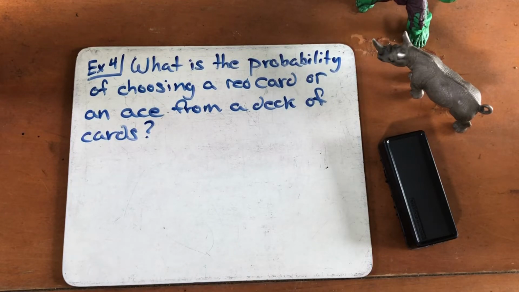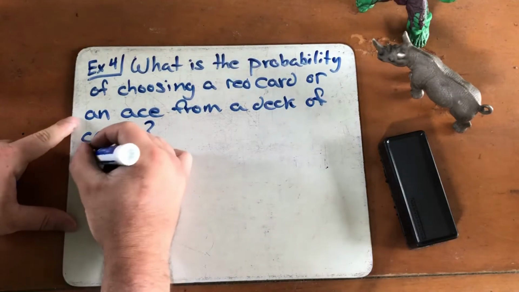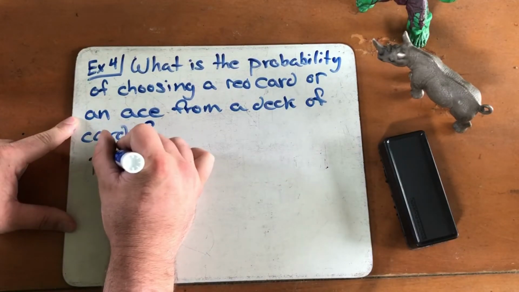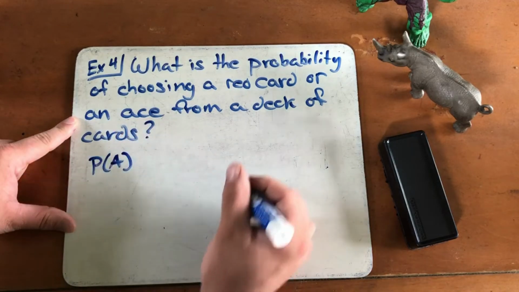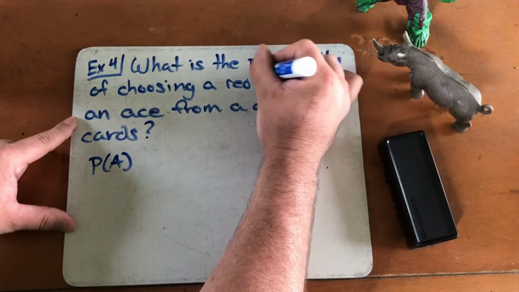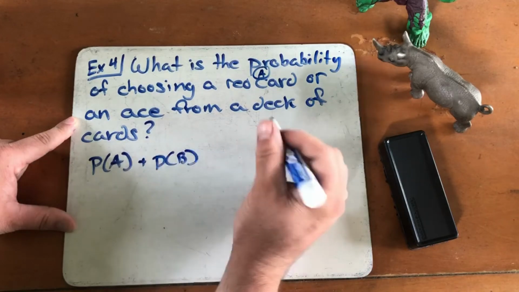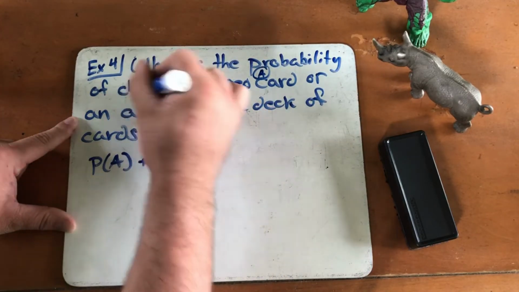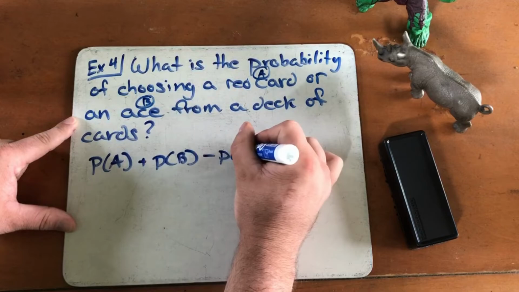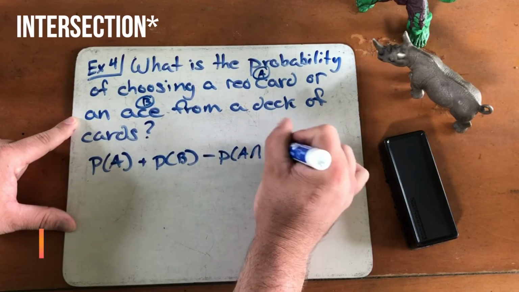But there are 26 red cards in the deck and there are 4 aces, 2 of which are red, so there's my overlap. So I look at the probability of event A, which is choosing a red card, plus the probability of event B, which is choosing an ace, minus the probability of A intersection B.